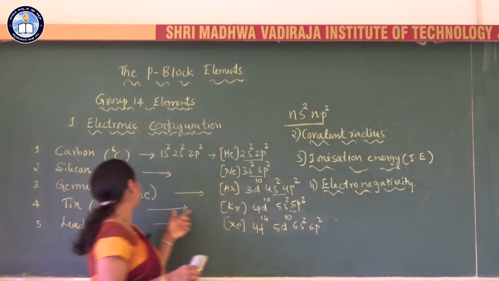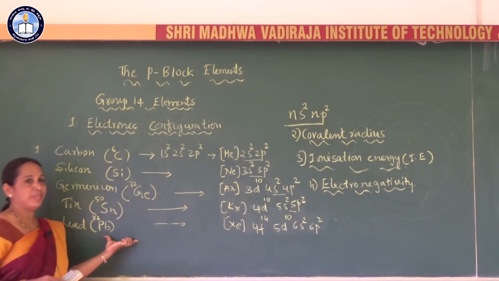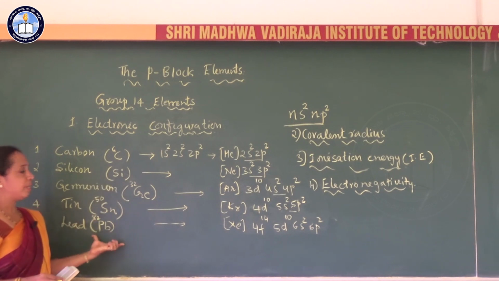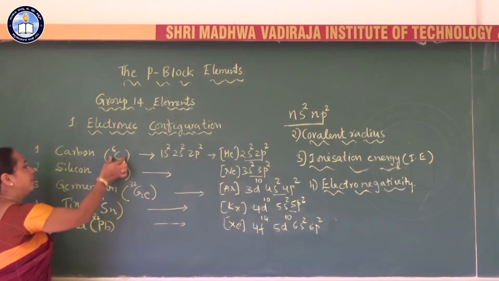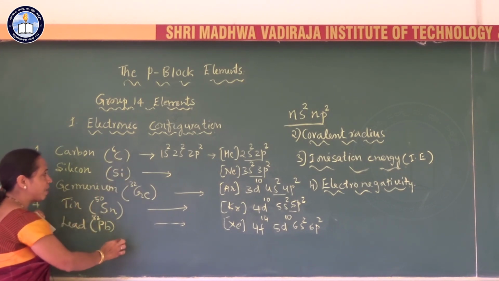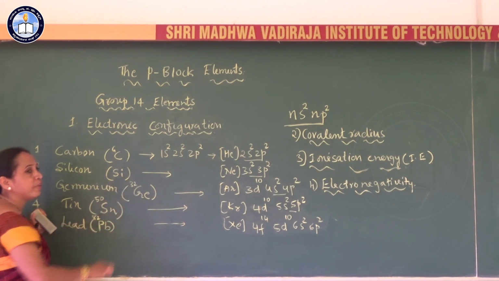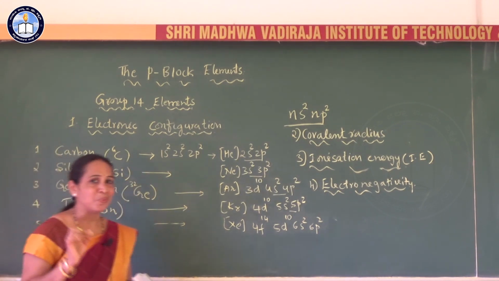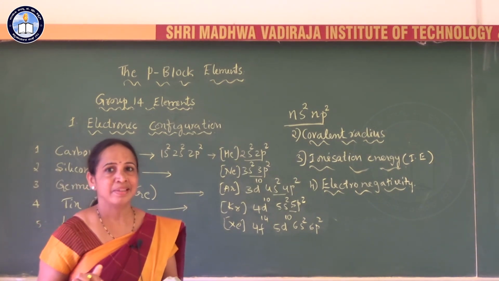And once again, as we descend down the group, electronegativity values decrease. There is a considerable decrease from carbon to silicon, but from silicon onwards their electronegativity values remain almost the same.